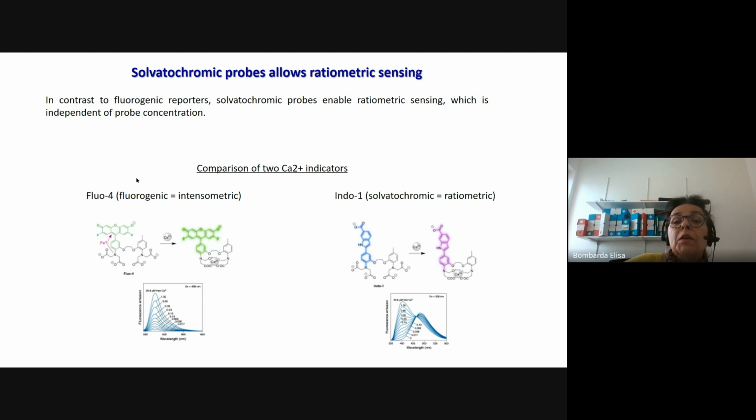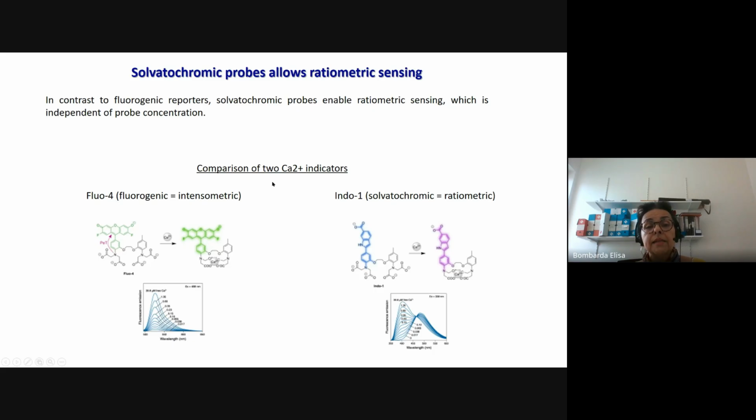Instead, the solvatochromic probes enable ratiometric sensing, which means that they are probes that change the wavelength of emission as a consequence of the event that they are monitoring.